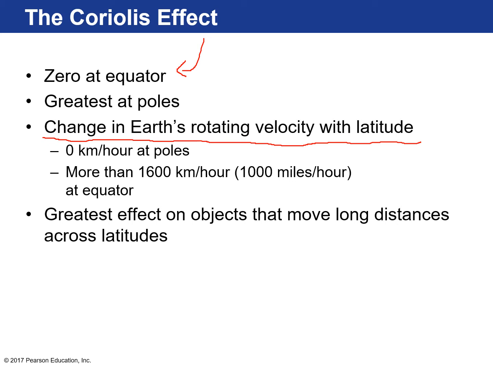But as you move away from the pole itself, then you're moving at a velocity because the Earth is rotating. In one day, it would be 24 hours, but the distance of your rotation is largest at the equator and gets smaller as you go towards the poles. So that accounts for the different rotational velocities. Okay, so the Coriolis effect is greatest on objects that move long distances across latitudes.